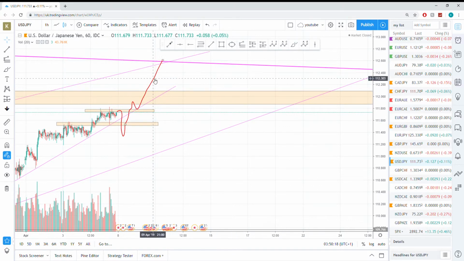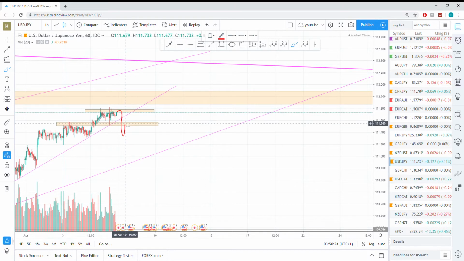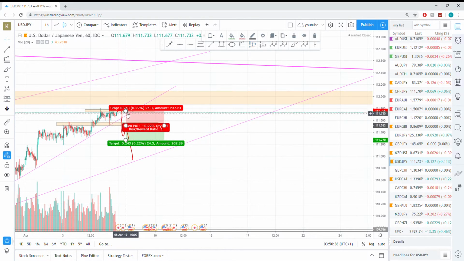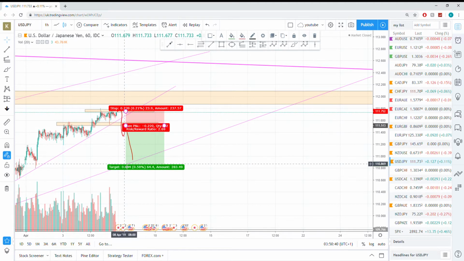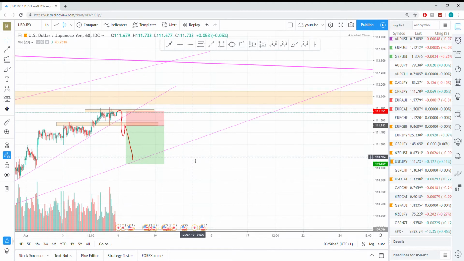Then if we were to look in the other direction, if it was to come to this point, go there, retest, then we see price drop here, it would look something like this, somewhere like this, and it will drop to this area here.